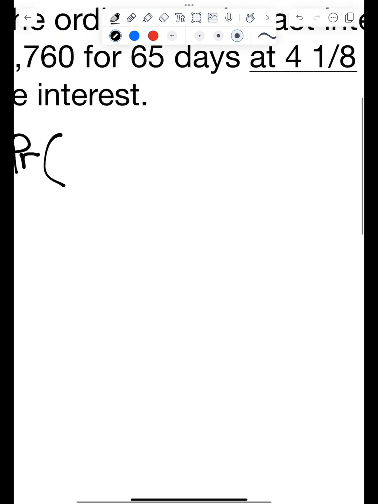Upon identifying the ordinary and exact interest, we have to use the formula I_o equals P R times the number of days divided by 360.